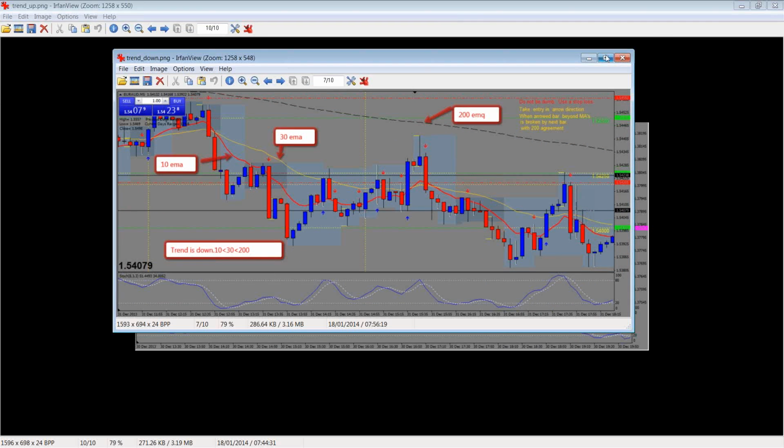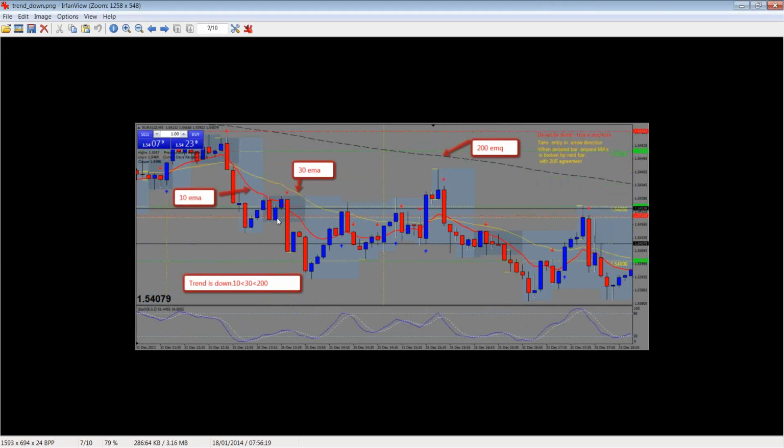This is what we would consider a downtrend, where the 10 is below the 30, which is below the 200.